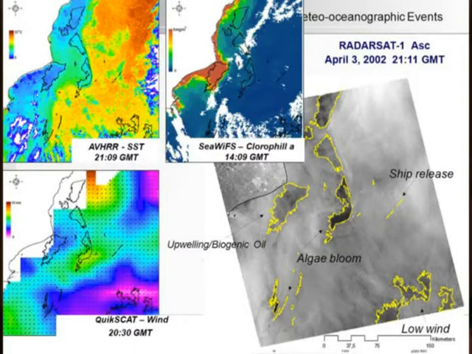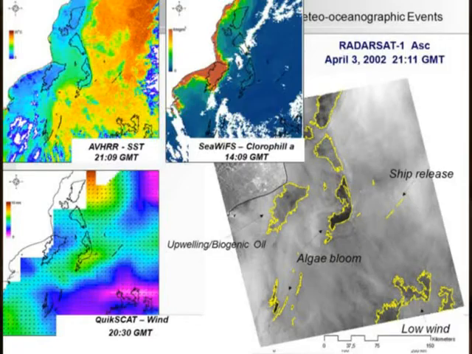Here they are already segmented. So it is easier to guess that this big feature is an algae bloom because it's correlated with a higher value of chlorophyll. These dark patches are low winds because they are correlated with this low wind area.